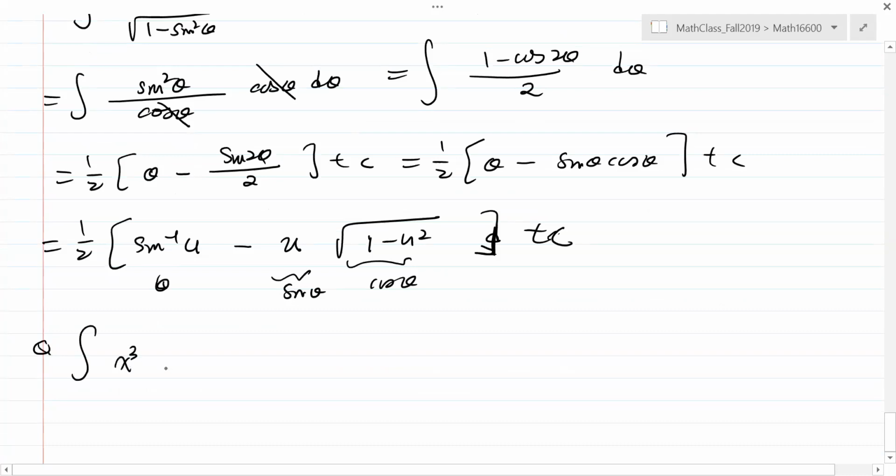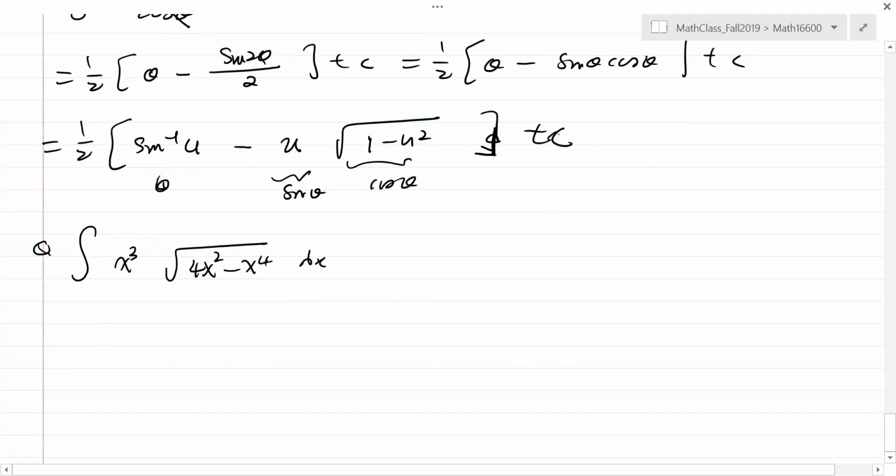The integral is x cubed times the square root of 4x squared minus x to the 4th, dx. Right, before we solve the problem, let's think about the possible ways to solve it.